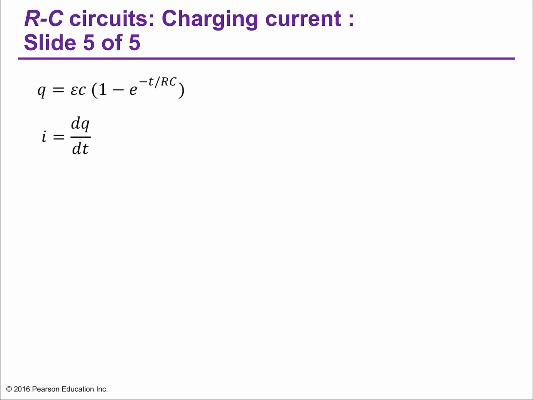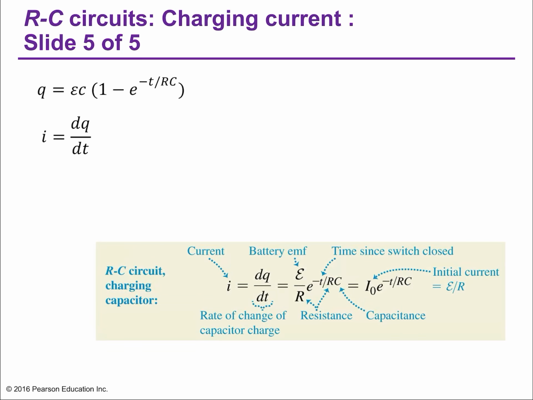Just differentiate, and you can practice doing that. You should get this equation. So that is the current. And you get I naught multiplied by the exponential e to the power minus t divided by RC, which shows that the current flowing in the circuit will decrease exponentially with time.